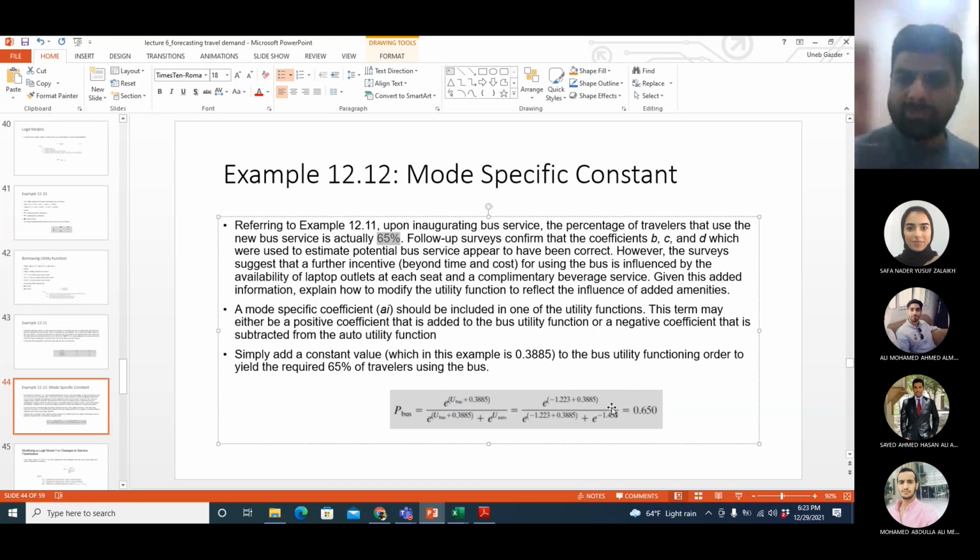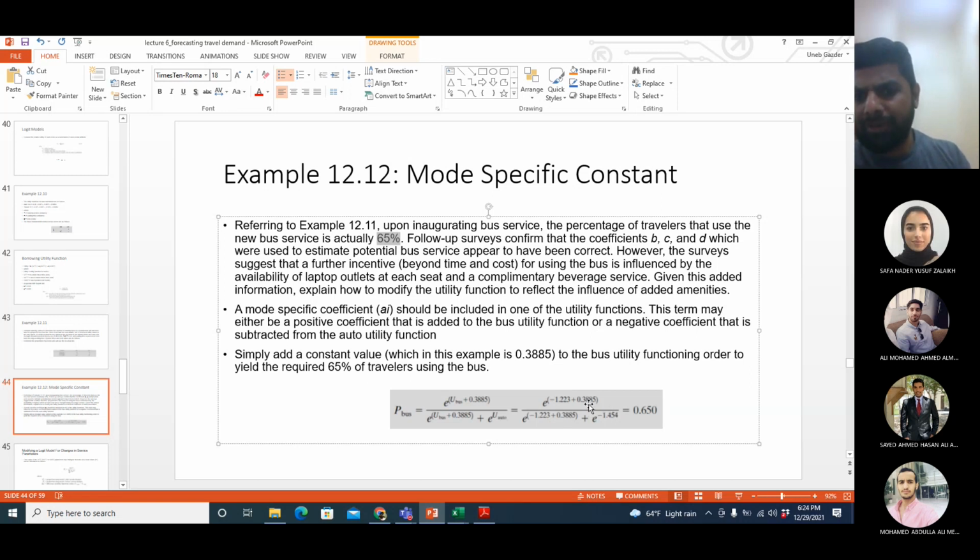So the mode specific constant is added to the utility function for things which you cannot easily quantify, or for things for which you do not know the exact effect on the mode choice. How to find it out? You use the standard utility function without the constant, calculate the percentage, and then compare it with the actual percentage, and then you can calculate the constant like they have shown here.